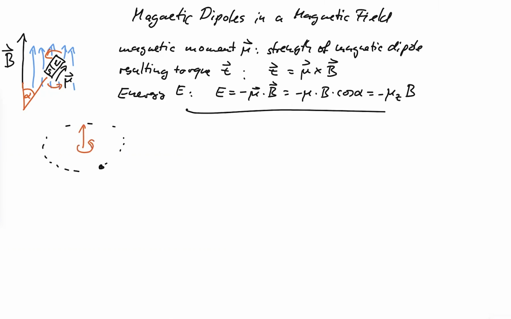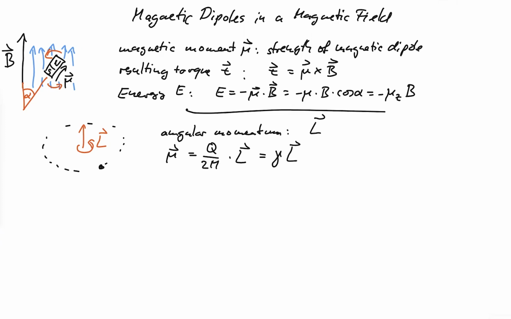So by this one here, and the motion is described by the angular momentum operator or angular momentum L. It's actually still a classical description, so it's the angular momentum L. And this angular momentum leads then to a magnetic dipole according to the equation Q divided by 2m times the angular momentum operator, which is also written as gamma times L. And here Q is the charge of the particle and m is the mass of the particle that's moving.